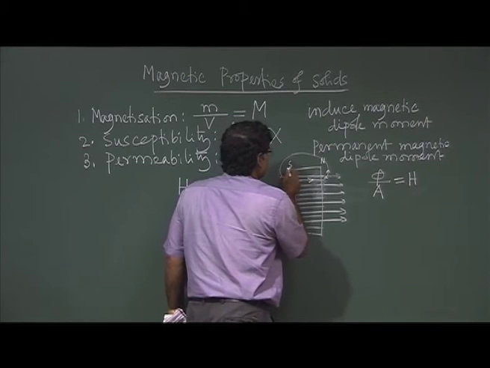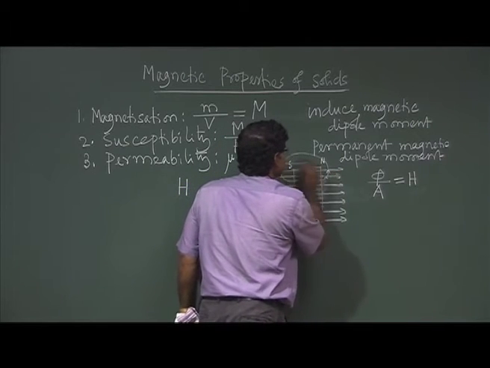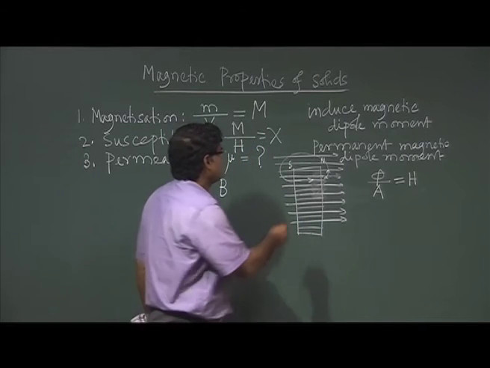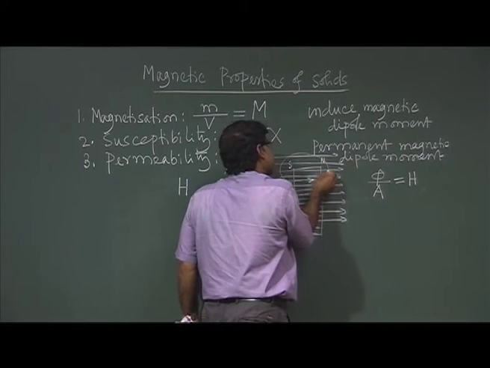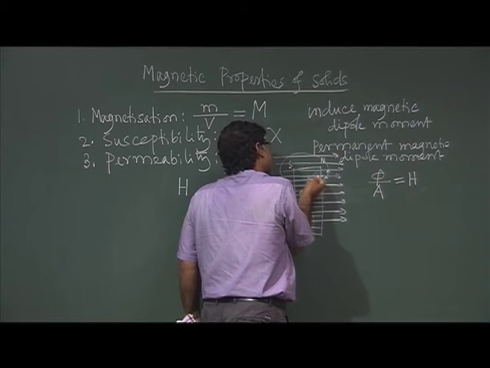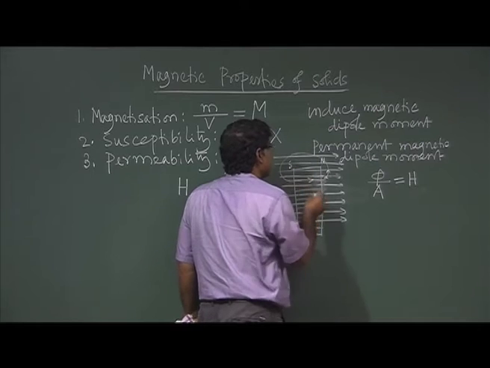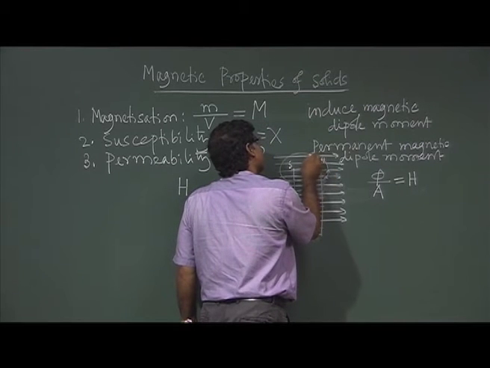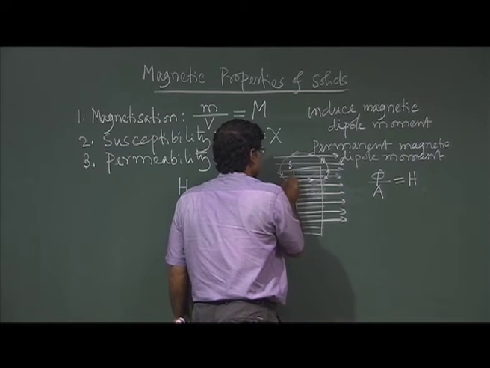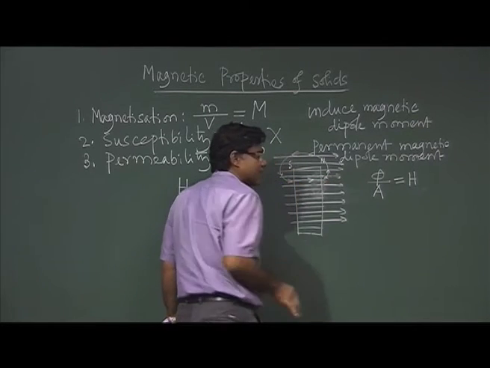So, you have the external magnetic field. Now here you can see that outside, the direction of this external magnetic field and the magnetic field due to this magnetic material are in opposite directions, but inside they are in the same direction.